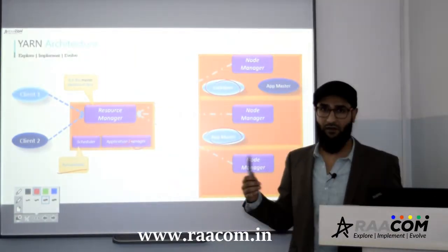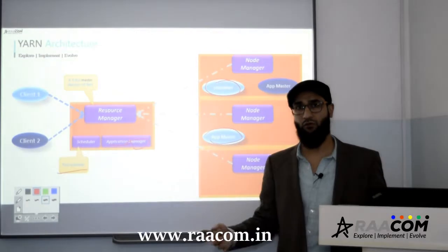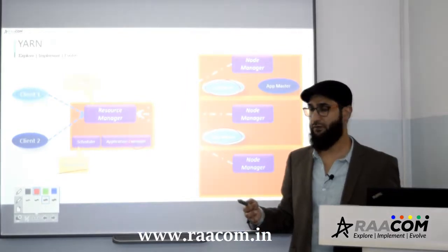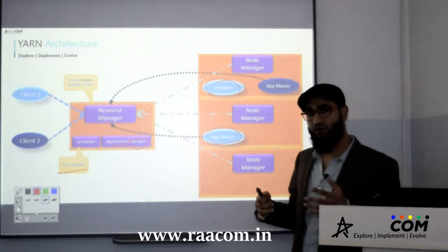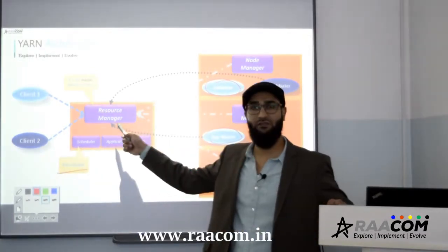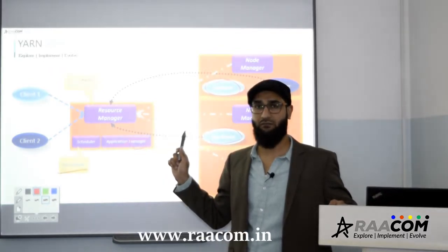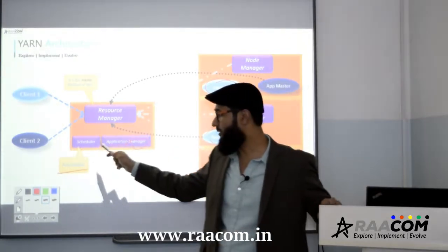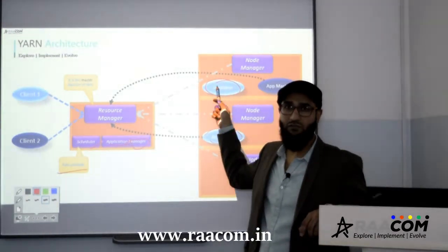Very simple. The containers are the ones which run the actual map reduce jobs, in collaboration with the node manager, and the node manager is the one who monitors and manages the containers. If there is any resource negotiation that needs to happen, it is the application master which directly interacts with the resource manager, and then the resources are allocated. The application master also, in collaboration with the scheduler, negotiates the memory and the resources for the container.